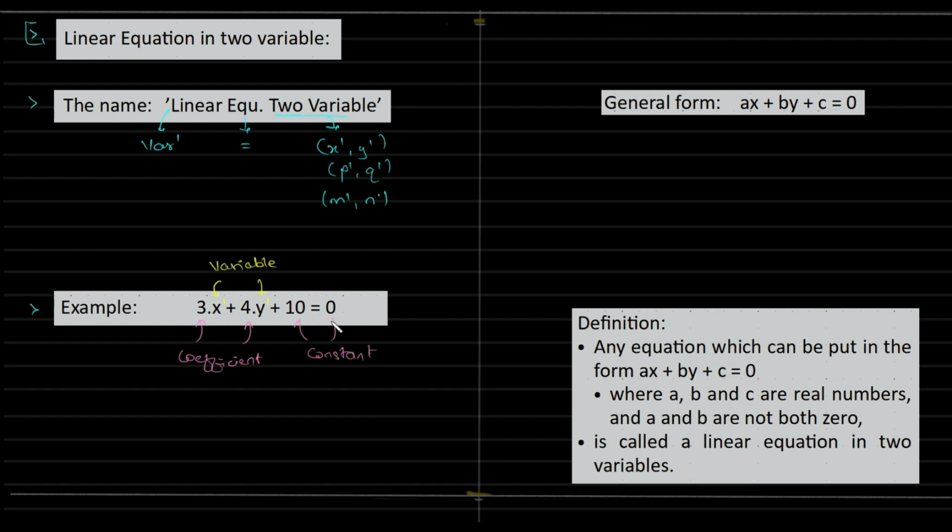Okay, so even 0 is your constant. Right, so this is an example of linear equation in two variables. Okay, so that's it. This is your linear equation in two variables.